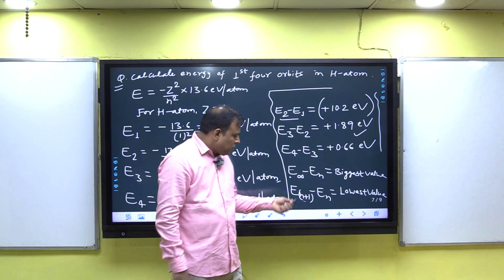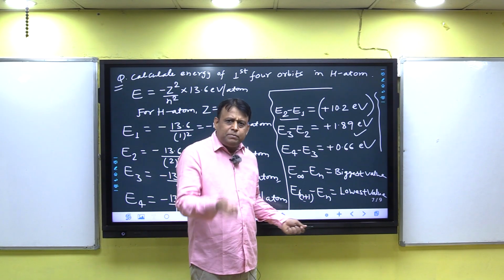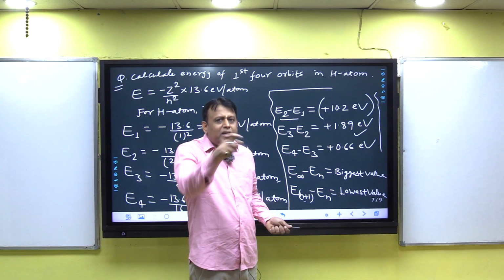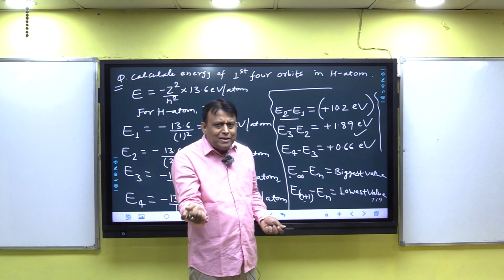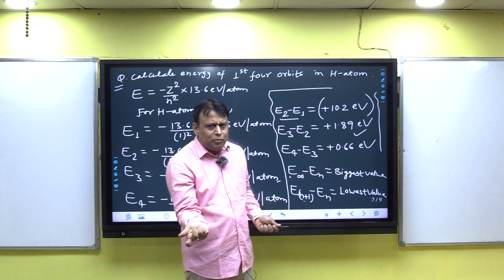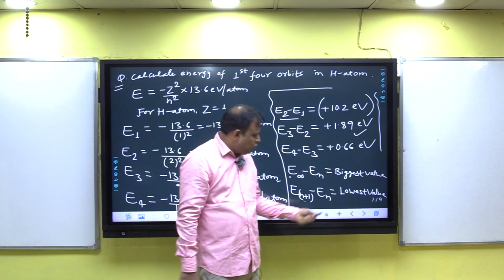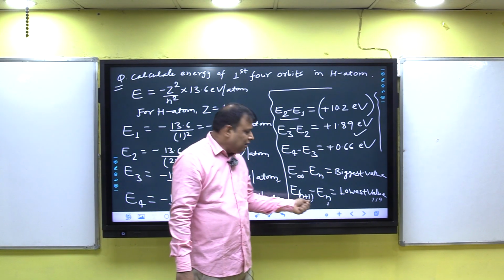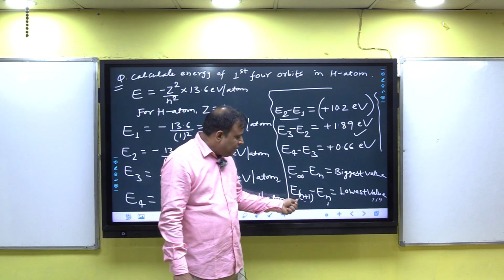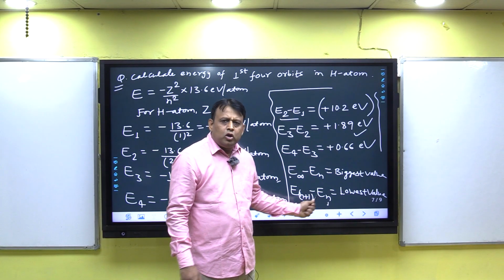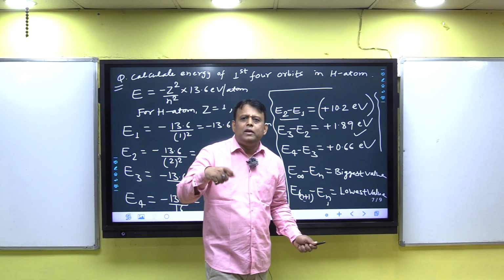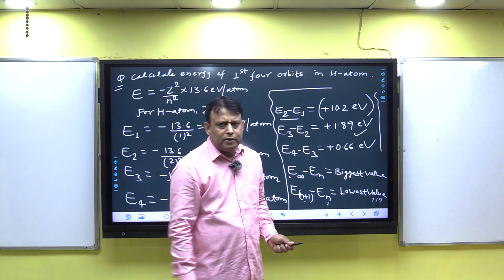It means E2 minus E1 gives a lower value than E3 minus E1, E4 minus E1, E5 minus E1. And for the second orbit, when n is 2, the lowest value will be E3 minus E2. The E3 minus E2 will be lowest for the second orbit.